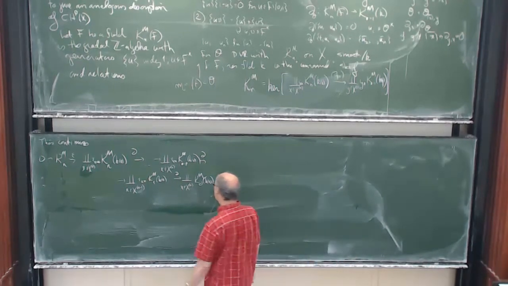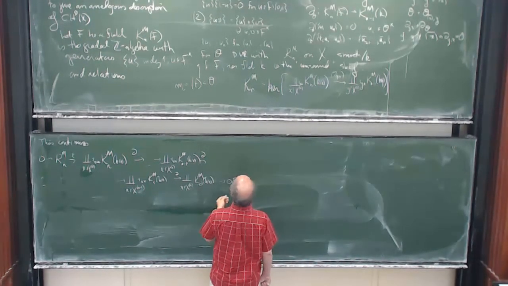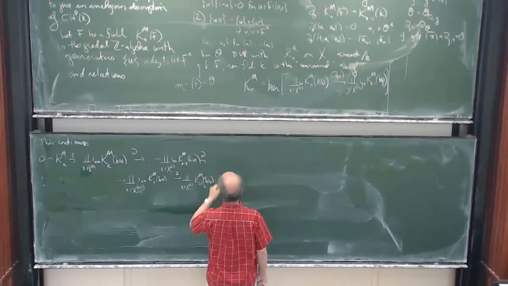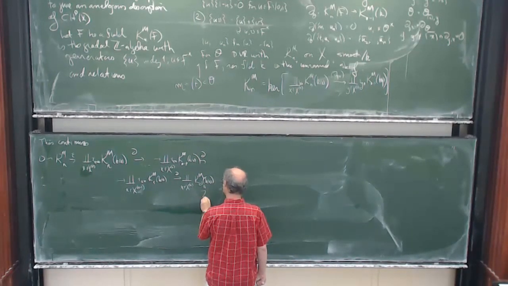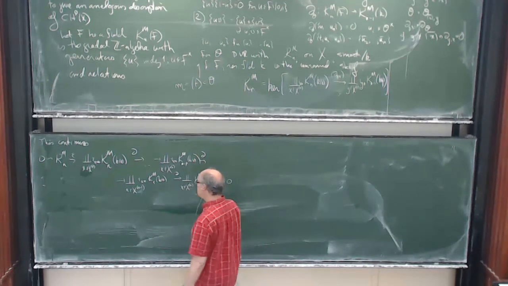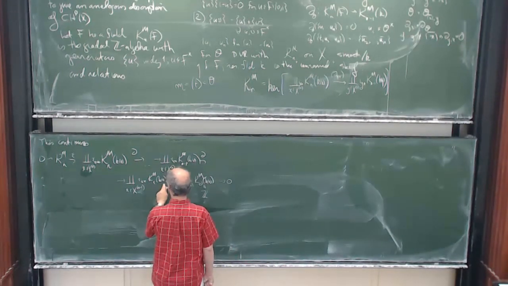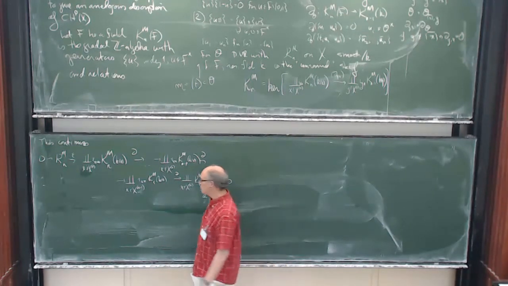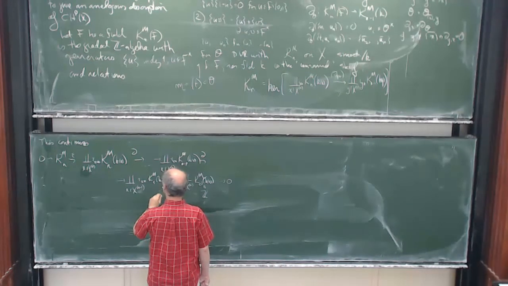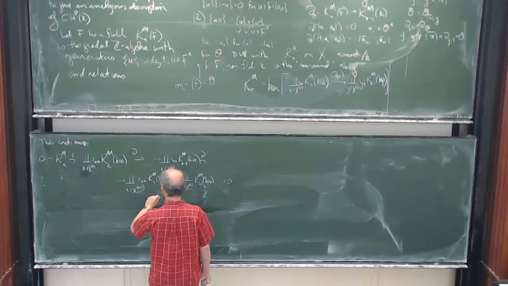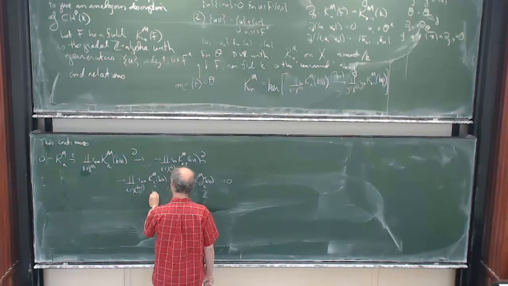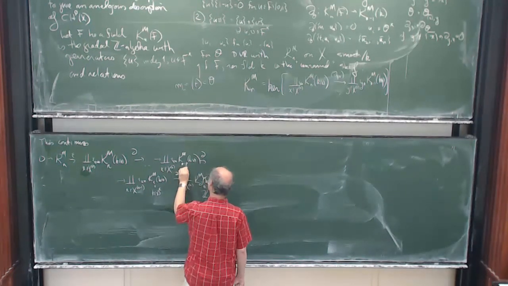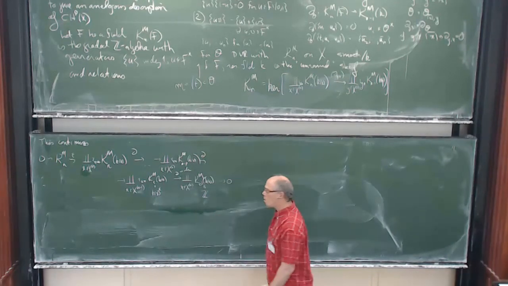Can't go any further down. Since the generators were in degree 1 and it's an algebra, and the relations are all homogeneous, this thing is just Z. The relations just said that this symbol sends multiplication to addition, and there are no higher relations in degree 1 other than the Steinberg relations in degree 2. So this thing is just equal to this guy here, and this is just the divisor map that I wrote down before.